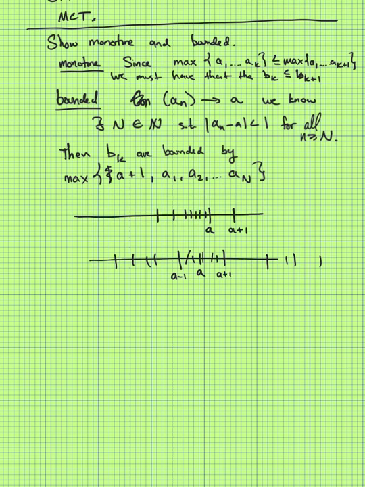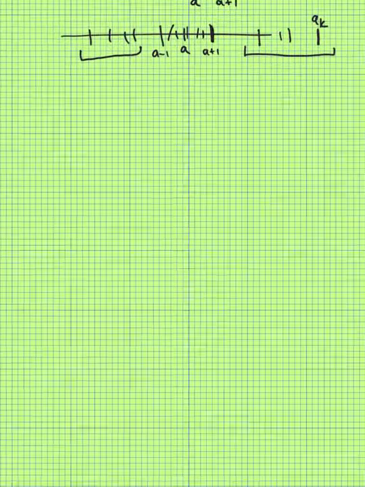So in any case, this is just a finite list of terms. So this might be some a sub k up here, which is the largest, and that gives me my upper bound. So it's either a plus 1, because everything is eventually in that neighborhood, or you might have gotten large before then. Okay, so that is that one.